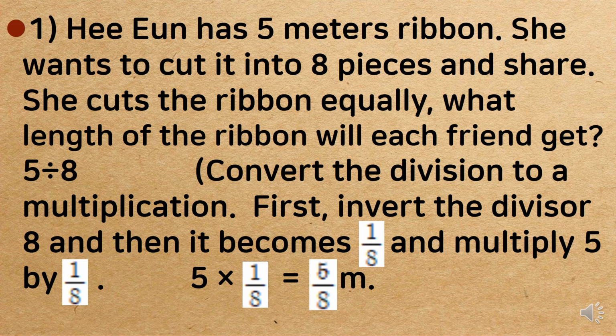First, invert the divisor 8 and it becomes an eighth, and multiply 5 by an eighth. 5 times an eighth equals 5 times 1 equals 5, 1 times 8 equals 8. So the final answer is 5 over 8 meters long. Each friend can get 5 over 8 meters of ribbon.